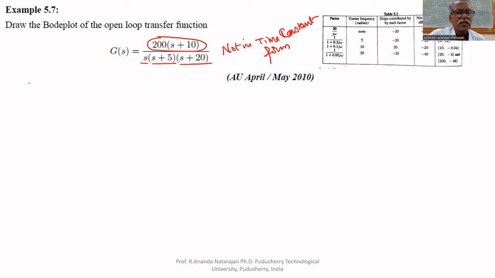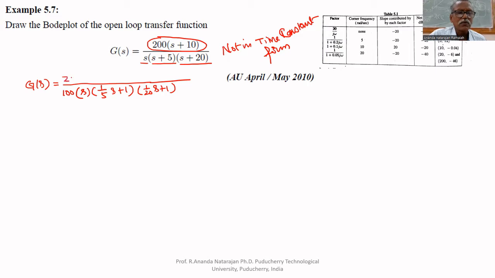So to convert this into time constant form, G(s) equals, we have to take 5 and 20 outside, that is 100 / s(1/5 s + 1)(1/20 s + 1).